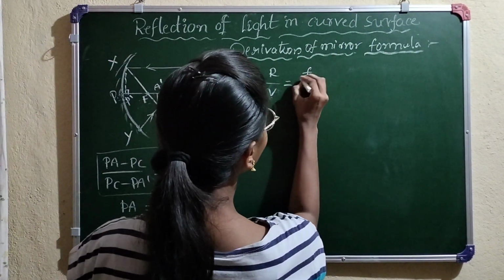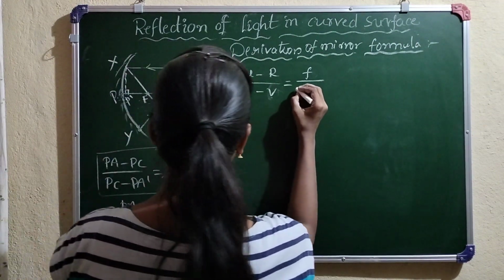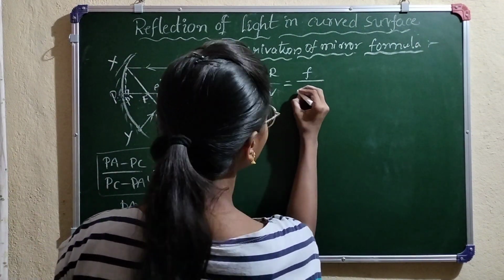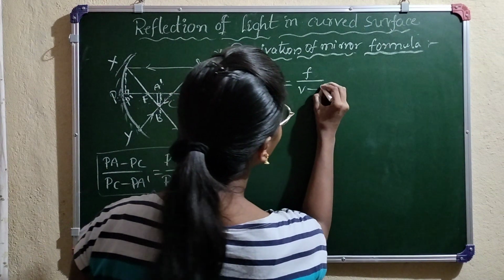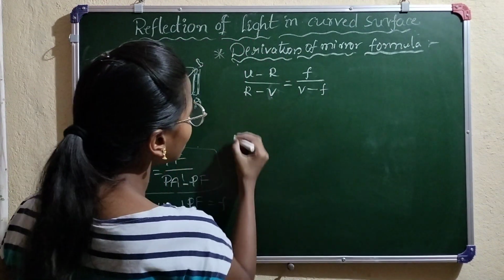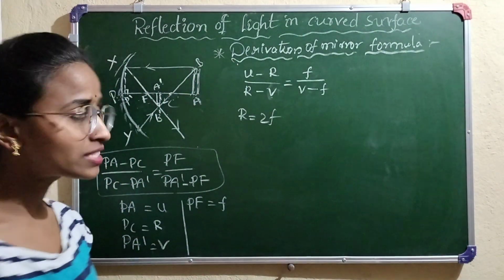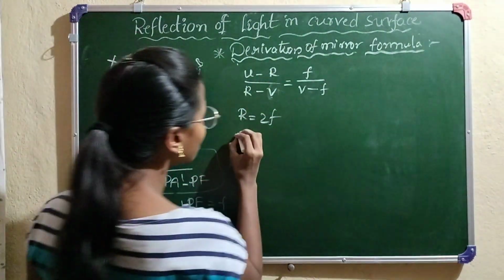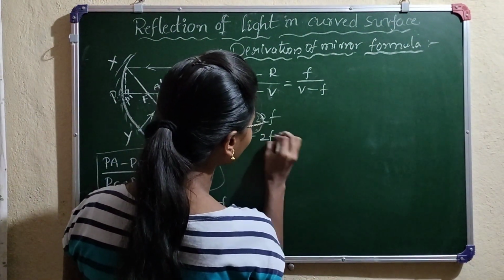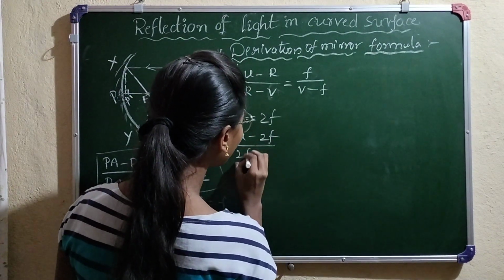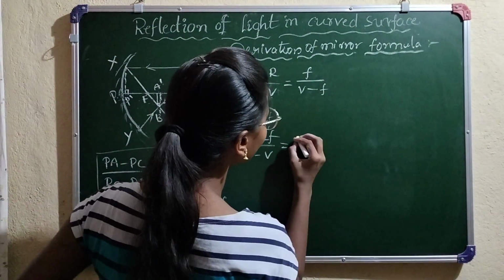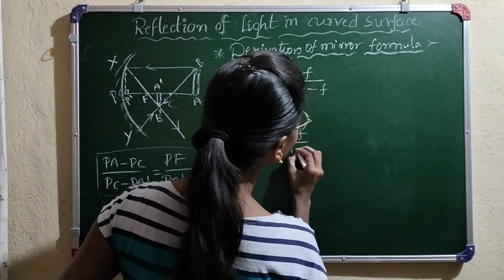F, by what is PA dash? PA dash is V, minus PF is F. We already know R is equal to 2F, so wherever R is there I am substituting 2F. Which is (U minus 2F) by (2F minus V) is equal to F by (V minus F).